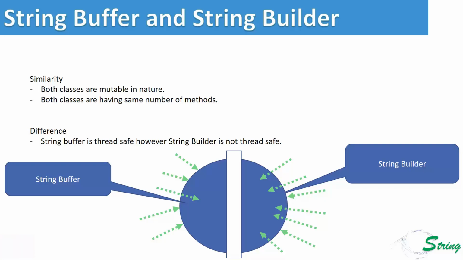It means that if we are doing any operation in a multithreaded environment, then we should use StringBuffer. But if we know that thread safety is not required in this operation, then we should go with StringBuilder. Here in this picture we can see that if we are using a StringBuffer and a method is being executed, then at a single time that method is accessible by a single thread, not by multiple threads.